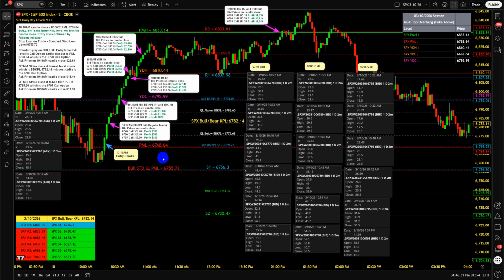The main key levels are the contextual levels here, the PML, PMH, YDH, YDL, and YDC, as well as the main bull bear key price level, the KPL, or the BBKPL as we refer to it, and the S1 through S6 levels below and the R1 through R6 levels above. The midpoint levels and QL levels are used for tight and standard stop losses on bullish and bearish trades from the main key levels. Again, with the contextual levels, you do that inside the user control panel by either choosing tight or standard stop loss.